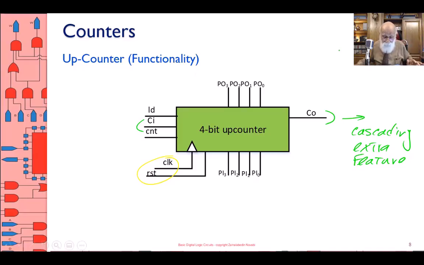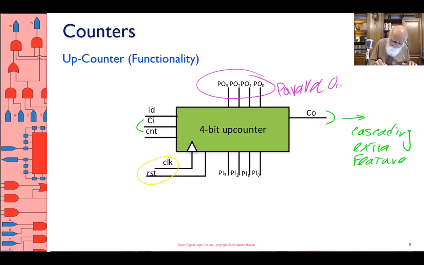The output is fine, and this is the output of the counter, the 4-bit output of the counter, which I call parallel output. That means the counter has 4 bits. These are parallel altogether. 4 bits are providing the output. That's the count output: C0, C1, C2, C3.